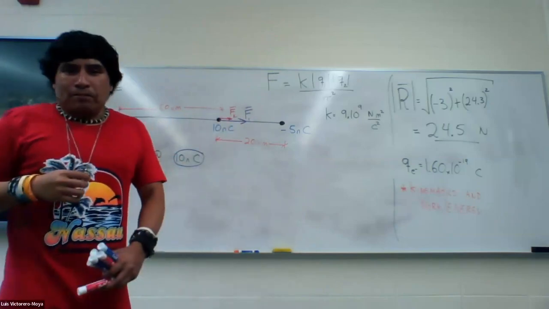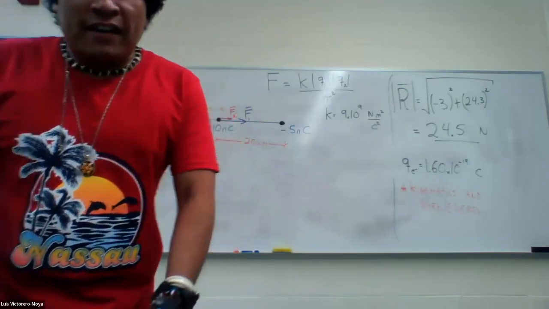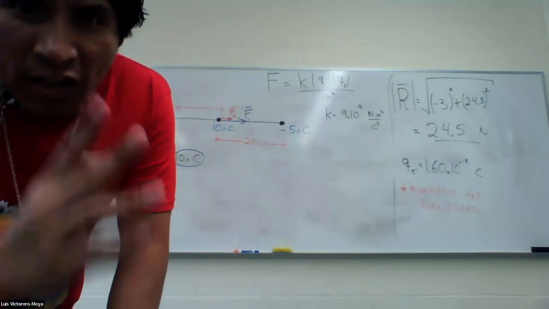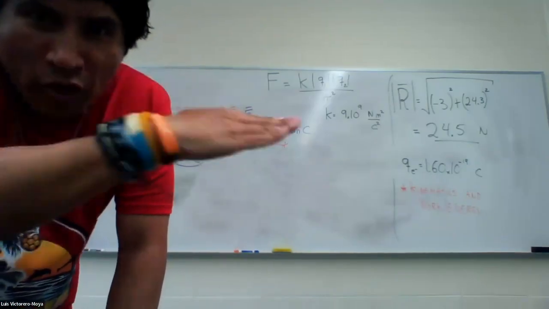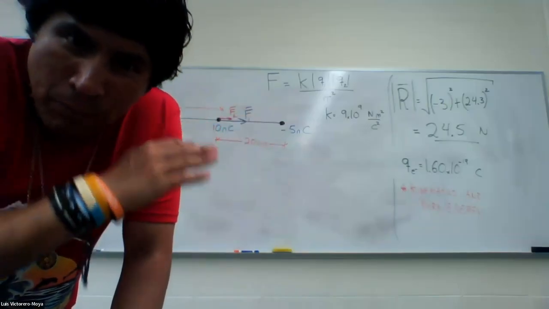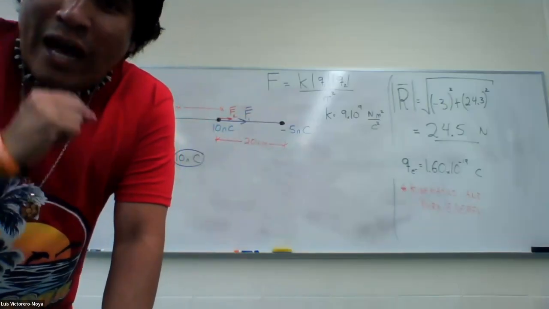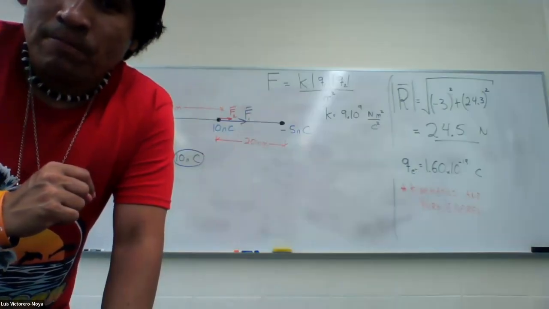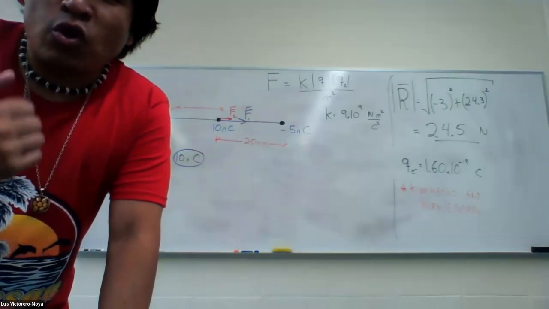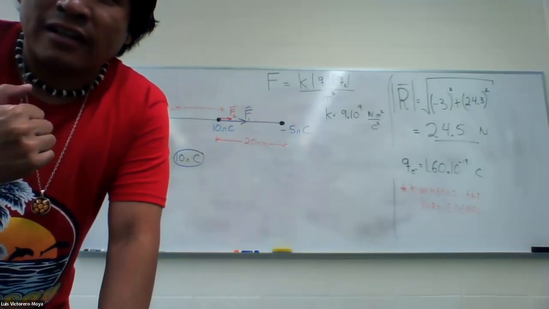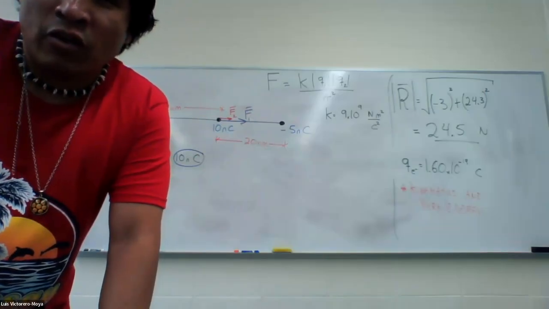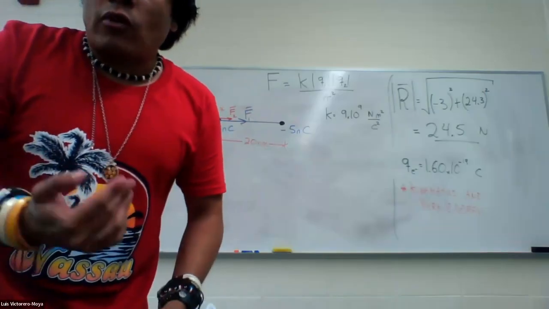Why do you need to do that? Because now you can see on the screen that F1 and F2 are going in the same direction towards the positive x-axis, towards the east. That means that you are going to add them. You draw the direction so you know whether you have to add or subtract, like we did with the vectors at the beginning of class. So you have to add F1 and F2.